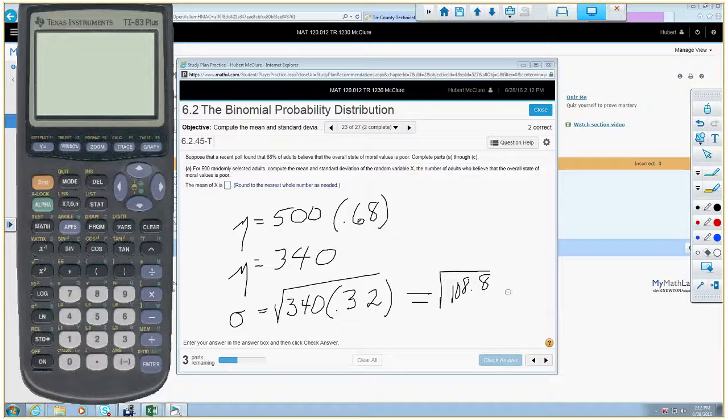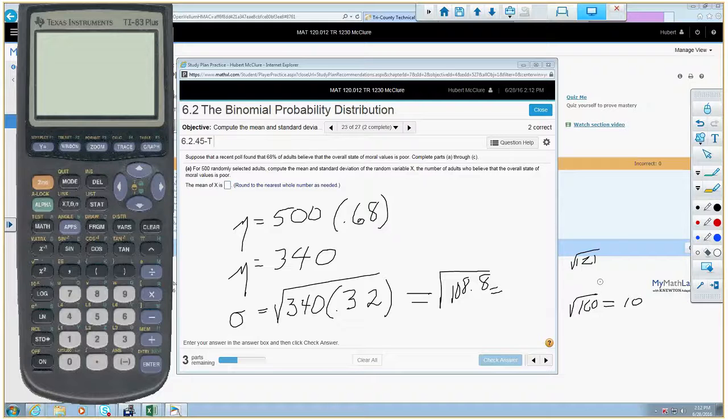Now, do we need a calculator for that? Probably not, because we know that 100 is 10 squared, and 11 squared is 121.